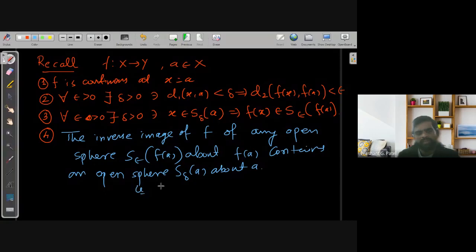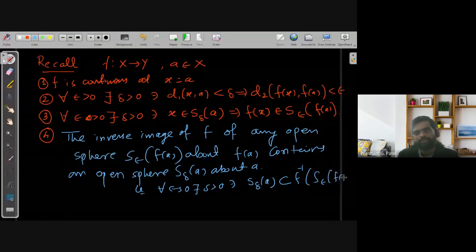That means for every epsilon greater than 0, there exists a delta greater than 0 such that S delta of a is a subset of f inverse of S epsilon of f of a.